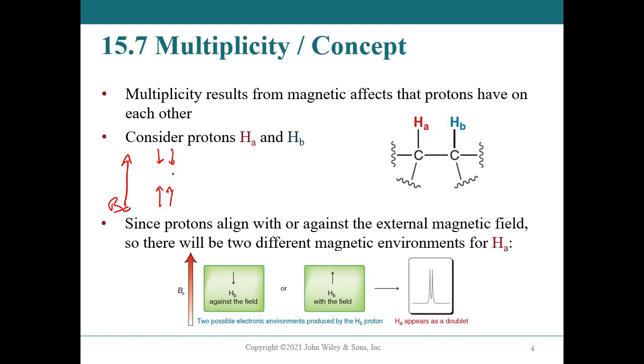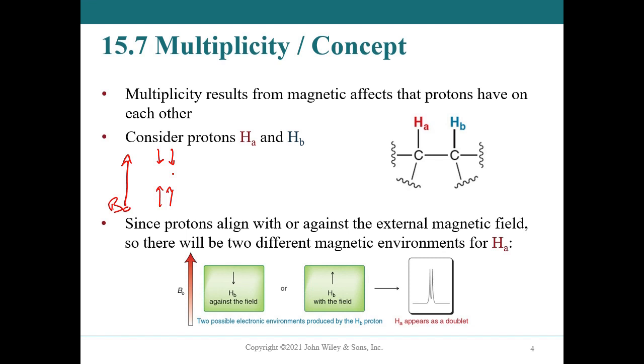They're nearly equal. So when we look at hydrogen A here, it's going to have a hydrogen B, and that hydrogen B will either be lined up with it or it's going to be opposite. If it's lined up with it, since it's also acting like a little magnet, it's going to amplify the B0. We've got that applied field.